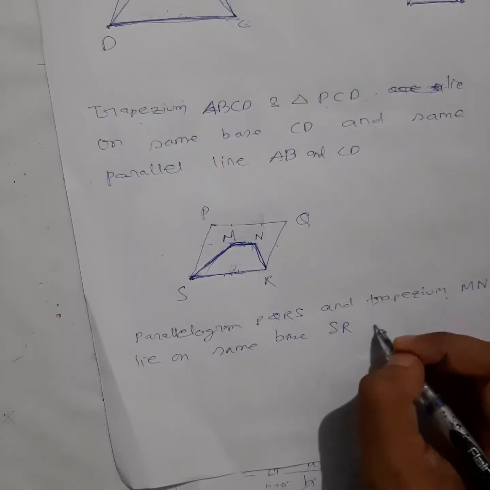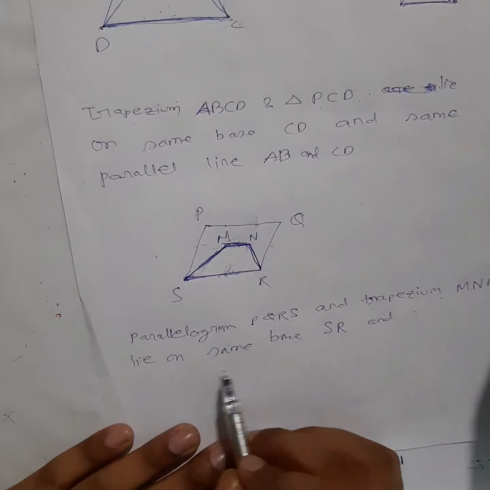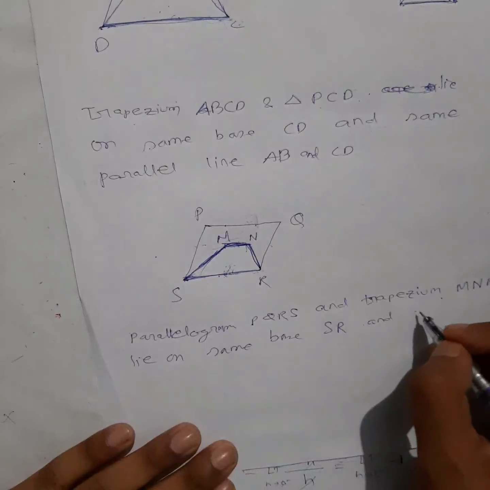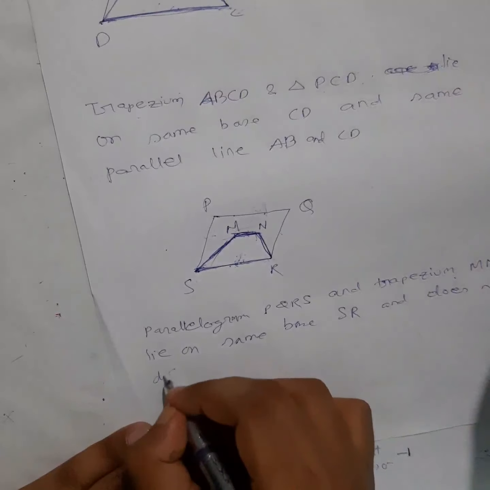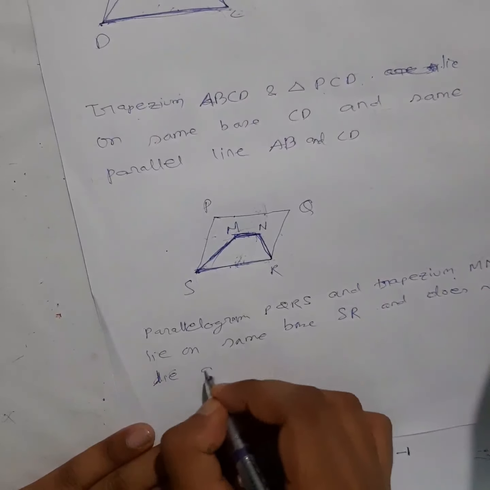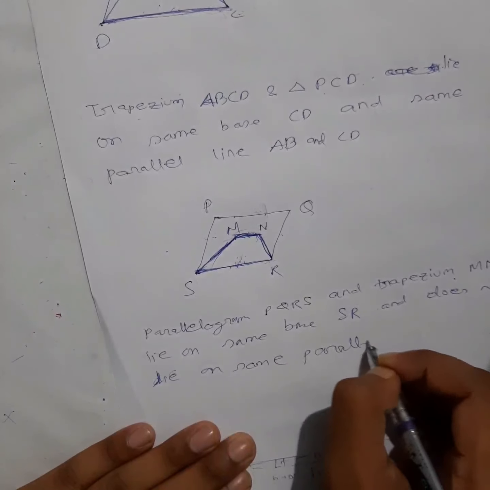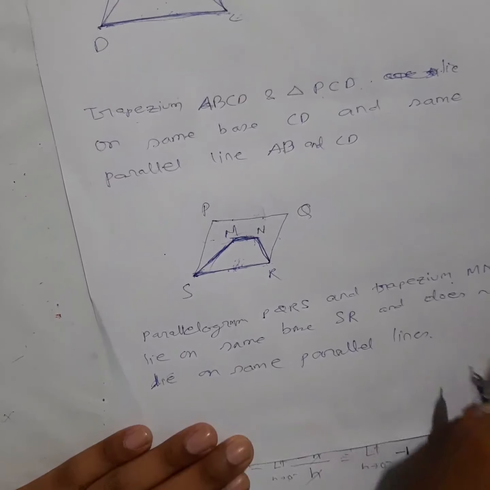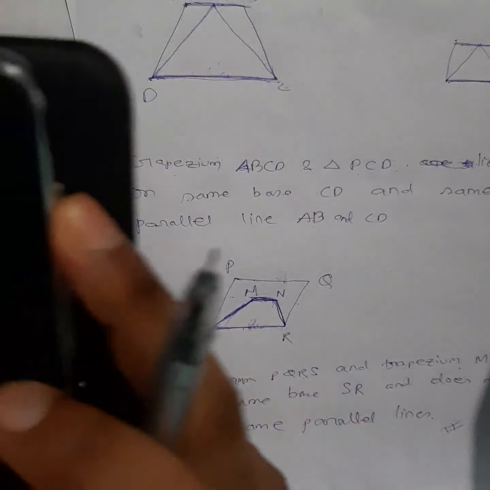So what we will write: the same base SR and does not lie on the same parallel line. Okay, that's it. Number 2. Number 3 I will just show you now. This is the format of writing.